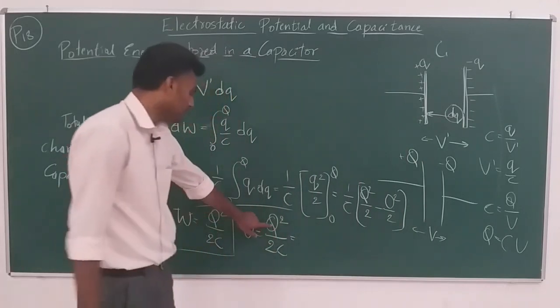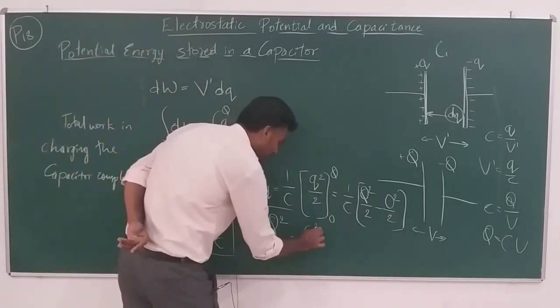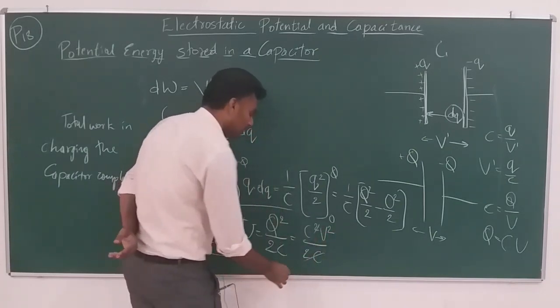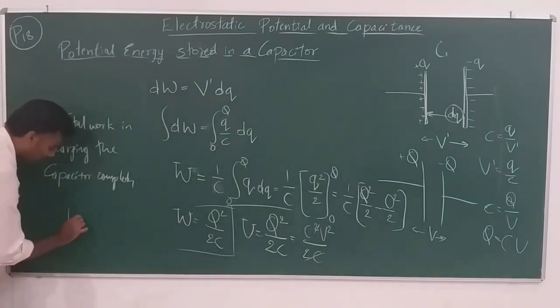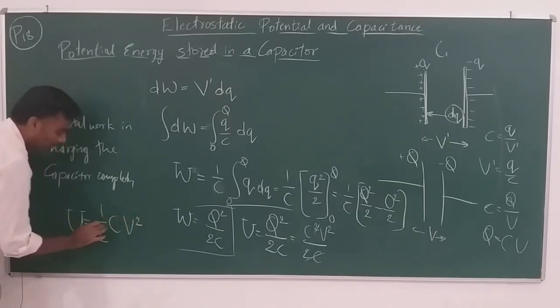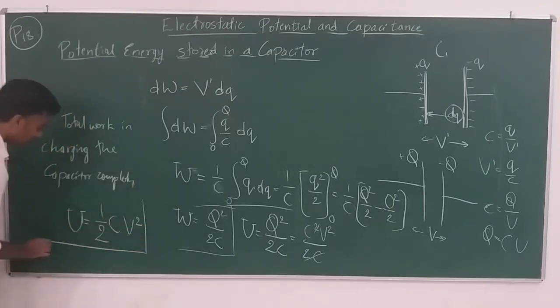Let me substitute CV in place of Q. That makes C squared V squared by 2C. One of the C's cancels. So that gives us the expression for potential energy in terms of capacitance and potential difference across the plates of the capacitor as half C V squared.